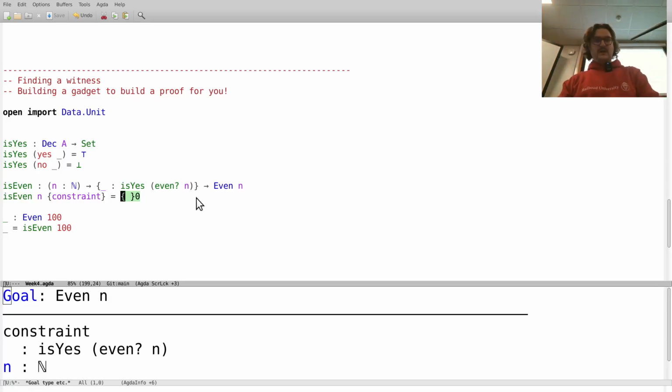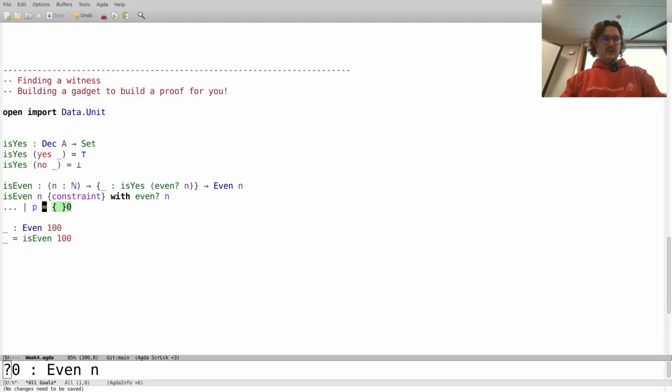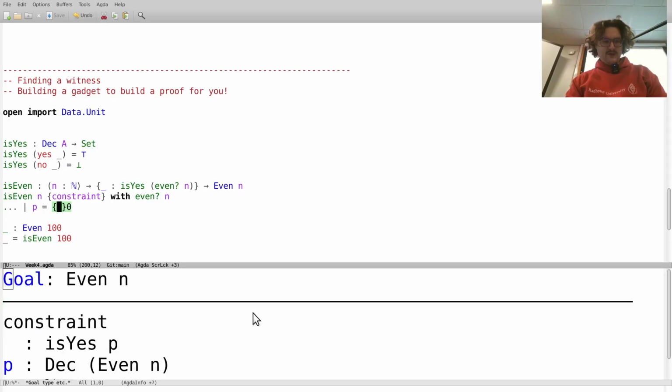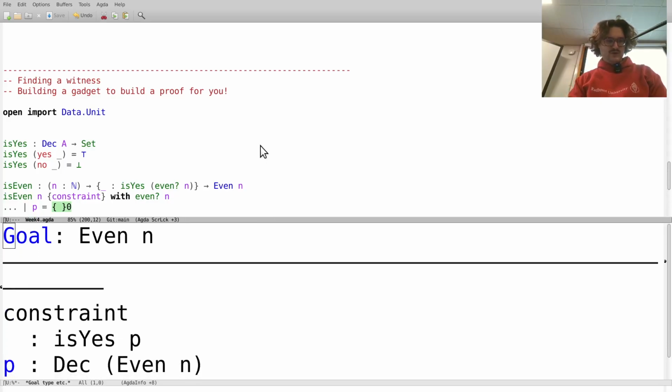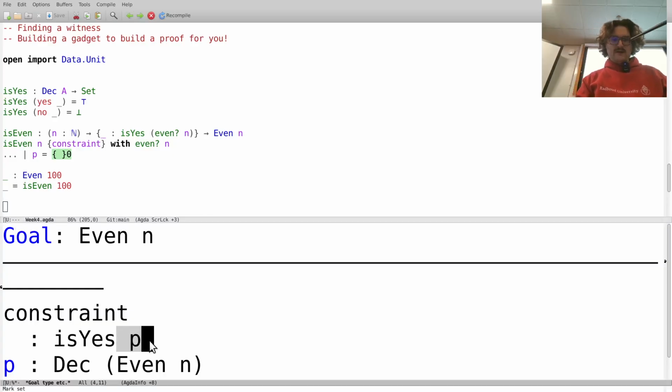So what we do here is use the with construct, and this is where we get to see that it's actually magic. The with construct, if you remember, just extends the current definition with an extra pattern corresponding to the result of this intermediate computation. But it's not doing just that. If you look at the type now, zooming in even more, you can see that the type of the constraint is not mentioning even question mark n anymore.